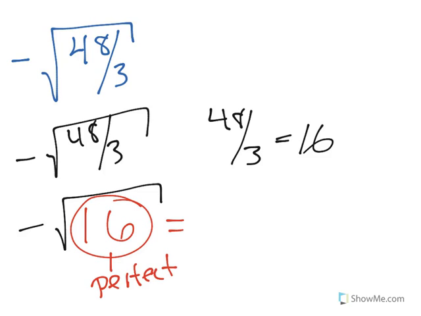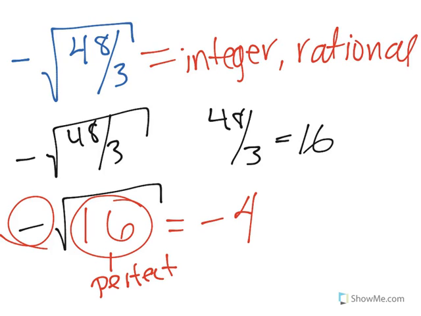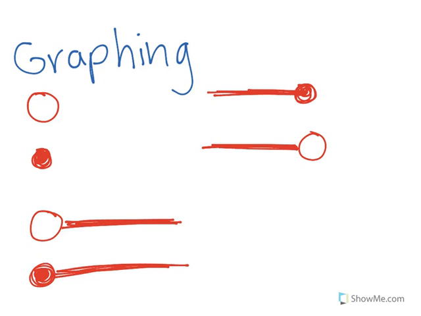However, here the negative gives us some limitations. So it's negative 4, and we know that whole numbers and natural numbers do not contain negative numbers. So this is an integer. But we know that all integers are also rational numbers.